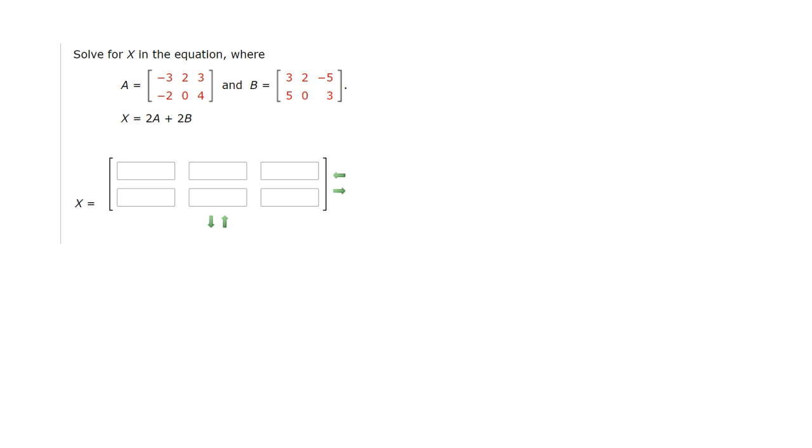All right, so how about this? Solve for x, okay? It says x is equal to 2a plus 2b. First, since they have the same dimensions, I will be able to add them together. I first have to do 2a, and then 2b, and then add them together.